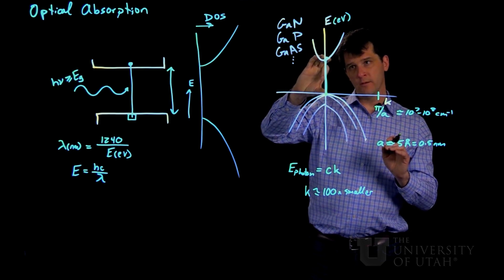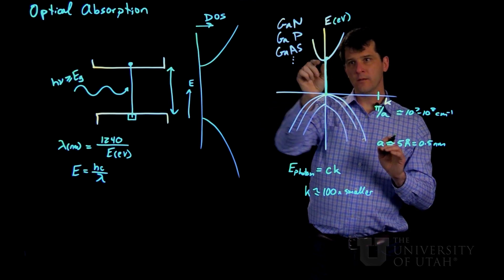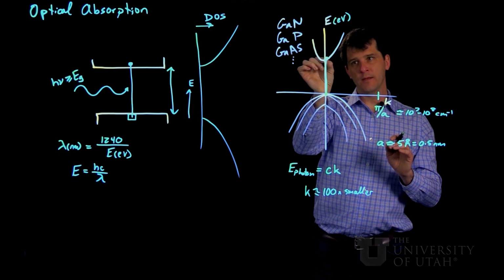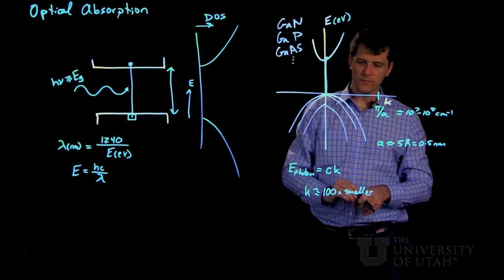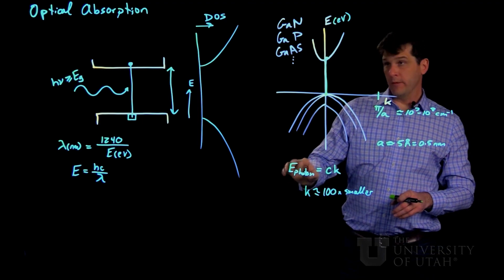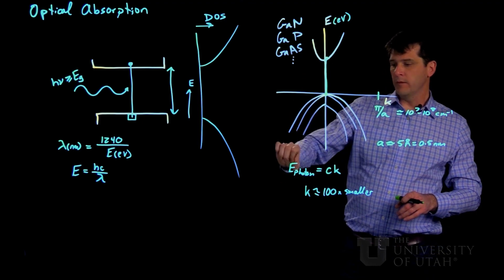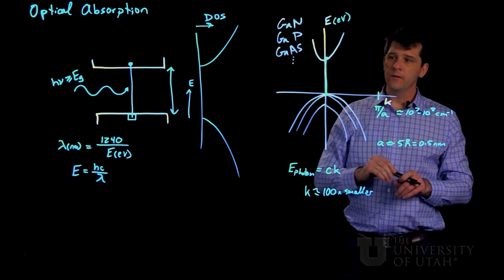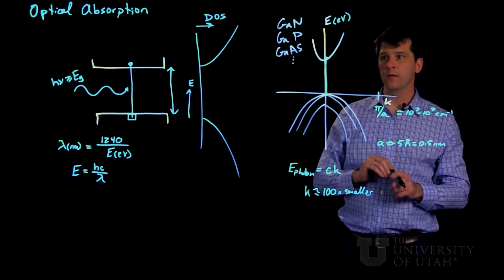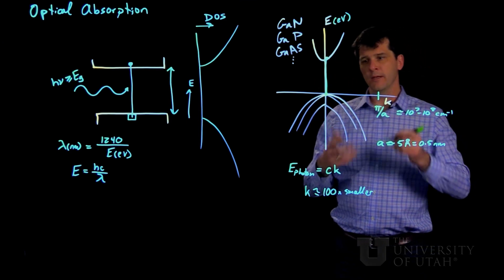Of course, they're tilted very slightly, but that distance in k space is very small. And I'm talking about something that has the same energy, the energy of a band gap transition. So this is the picture, which is rather simple for a direct band gap material.